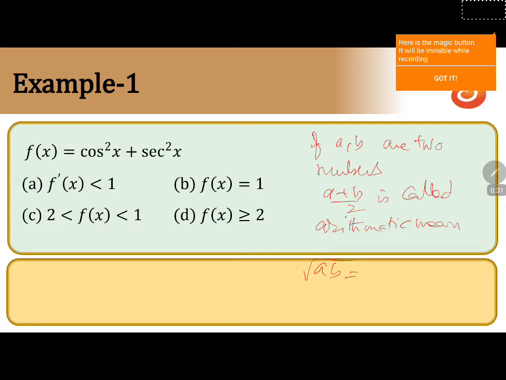Root AB is called geometric mean. This is called GM, this is called AM. And always AM is greater than or equal to GM.